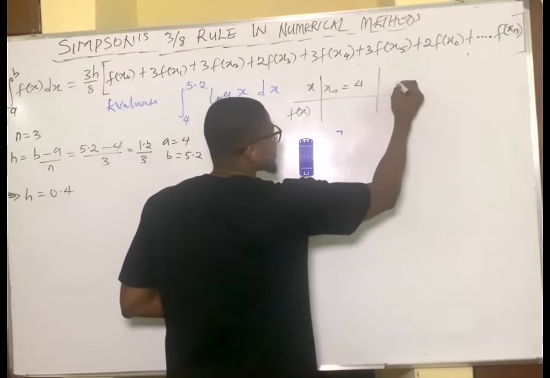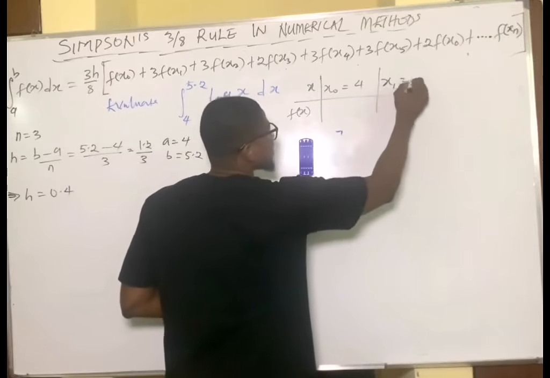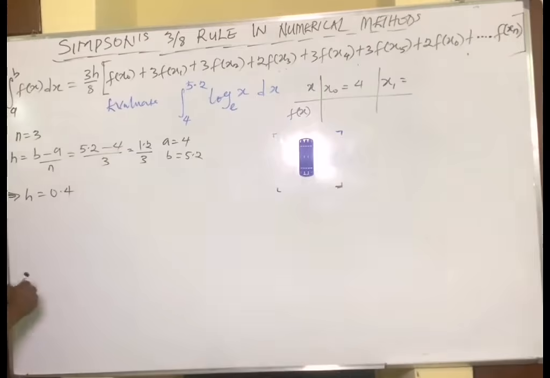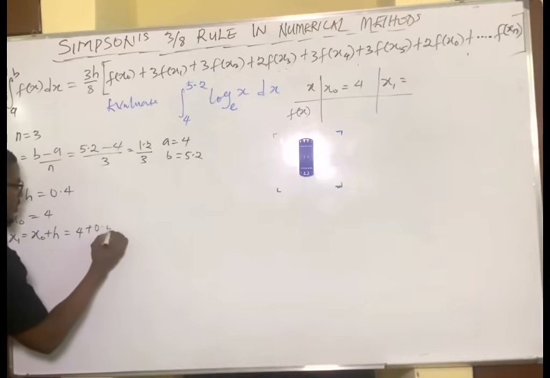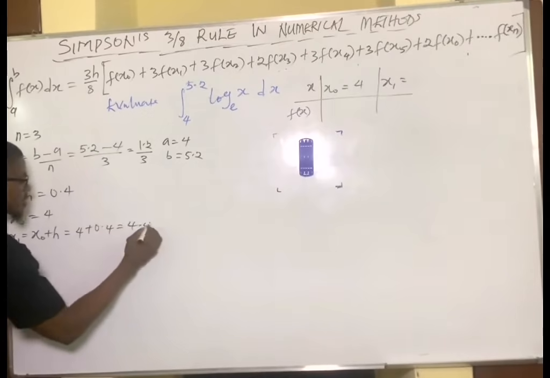Next we will find x1. x naught is the lower limit, which is 4. x1 is equal to x naught plus the interval, so 4 plus 0.4, which is 4.4.